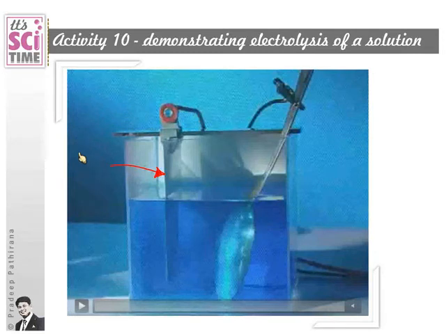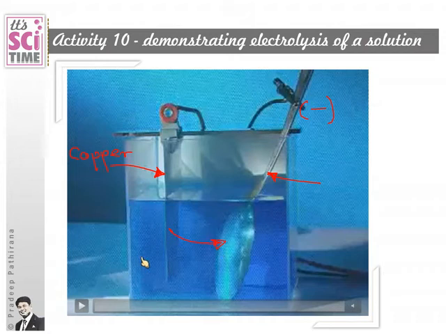Instead of that we use copper on this side. This is copper, and to the other side we have connected a spoon. This side is the negative side because we are going to plate this copper over the spoon. And the solution, as in the previous one, is copper sulfate solution.